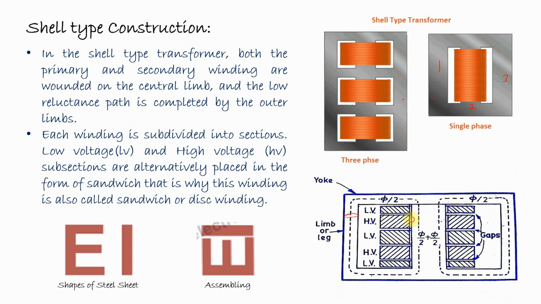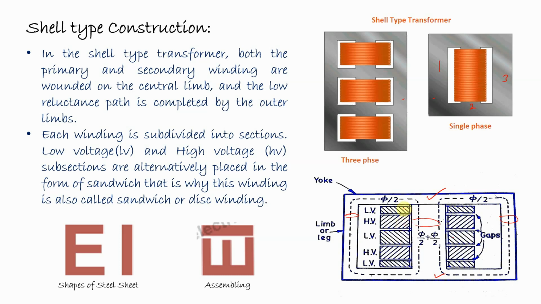This is another limb. And this is the third limb. Here this is the yoke and this is also the yoke. Here we can see that in the center limb, first some amount of low voltage winding is placed. When this low voltage winding is placed, then parts of the high voltage winding are placed on either side of the low voltage winding.